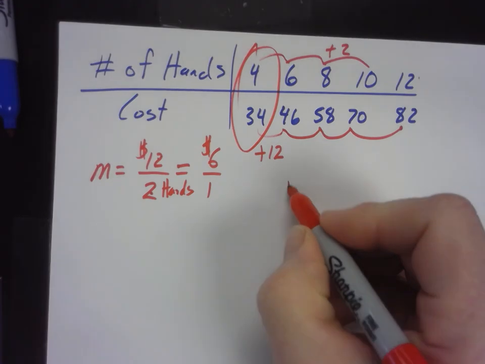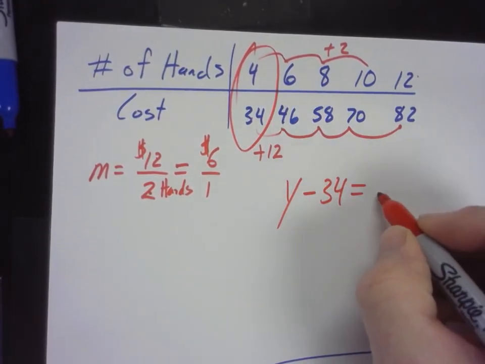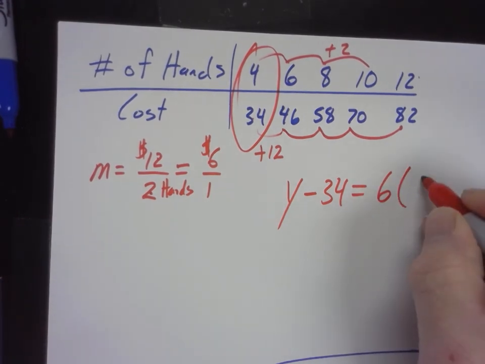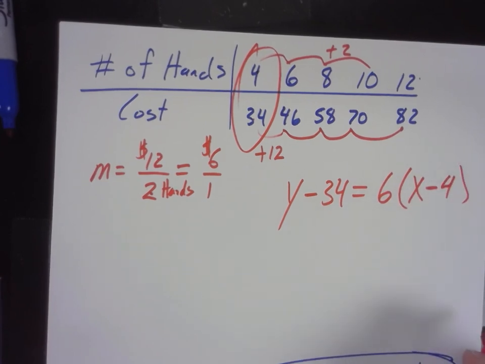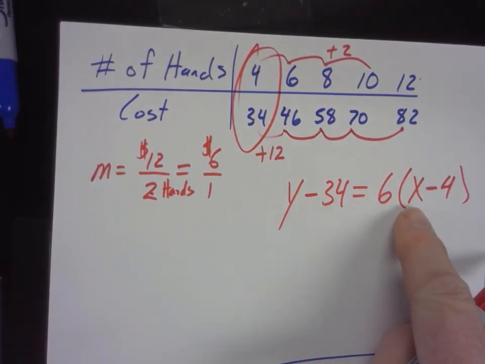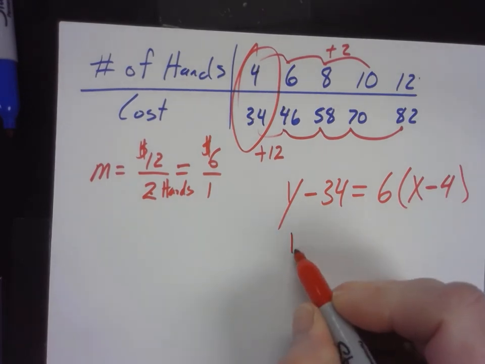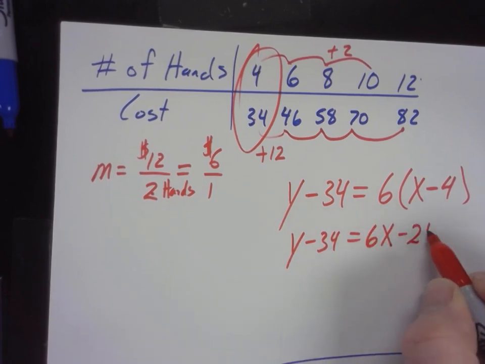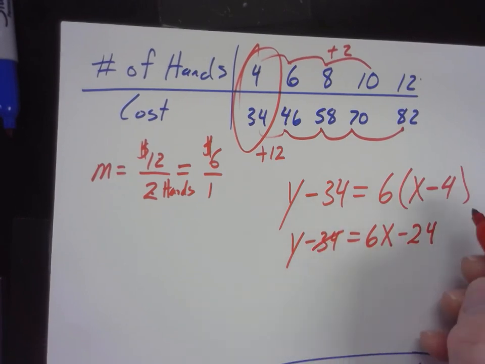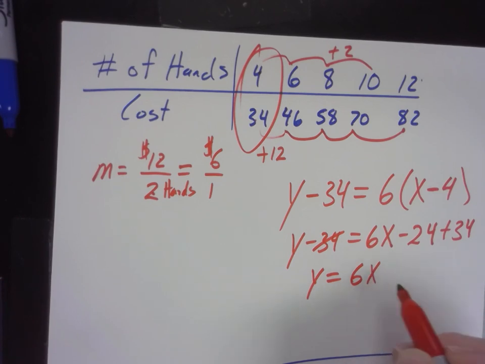So y subtract the y value equals the slope, which is just 6, times x subtract the x value. I don't like this equation because it's not x and y's, but we'll fix that later. y subtract 34 equals 6 times x subtract 4, and then add 34 to each side, and y equals 6 times x plus 10.